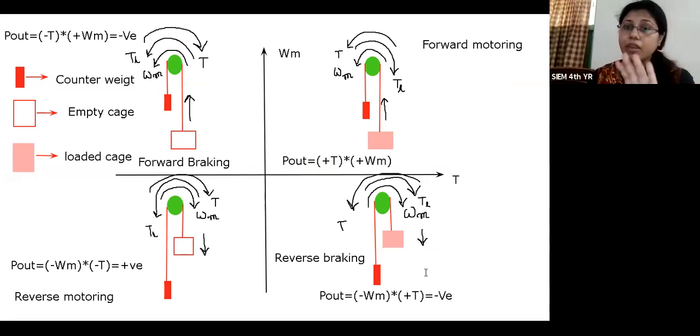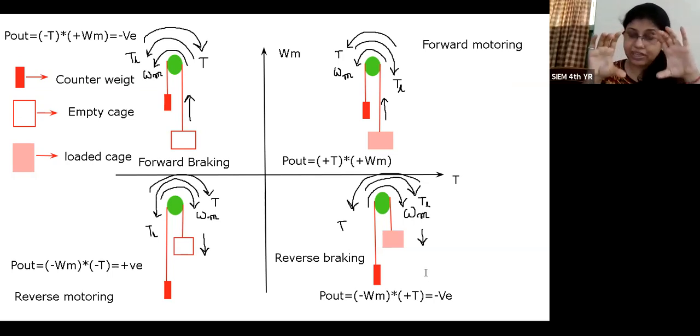Okay. Now you have to remember that a drum is connected with the shaft of the motor, and the motor is rotating in anti-clockwise direction. So the drum is also rotating in anti-clockwise direction, and a rope is placed on the drum.